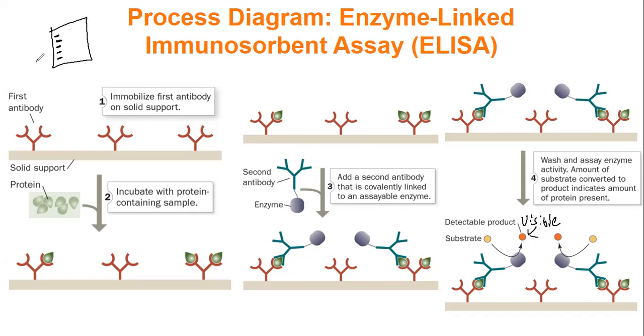So we would know, okay, our target protein is visible or has been collected because we have a visible response from our ELISA. So that, in essence, is how an ELISA works.